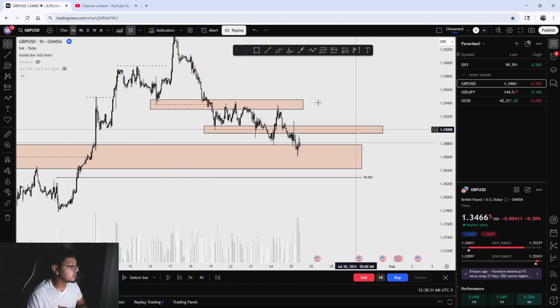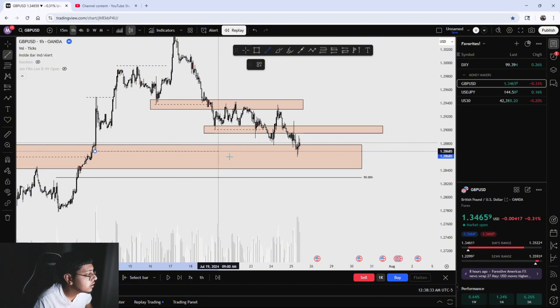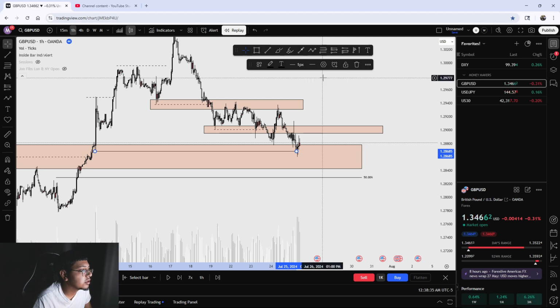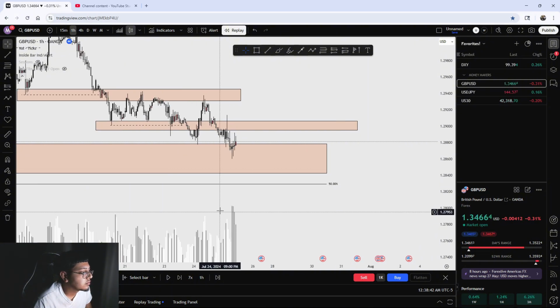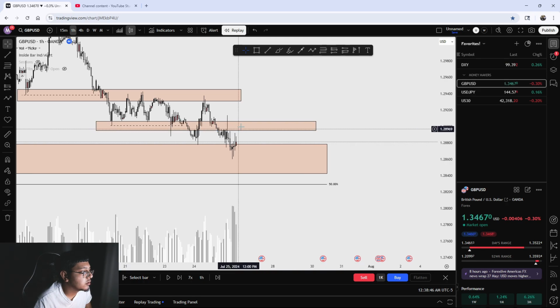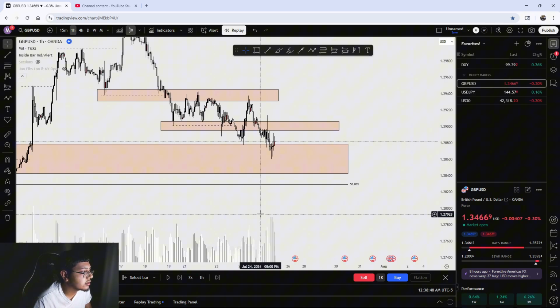So let's see what price does. We also took this low, internal low, from this strong candle. I'm sure that was a news candle as well. We'll see if we get a reaction off that zone.